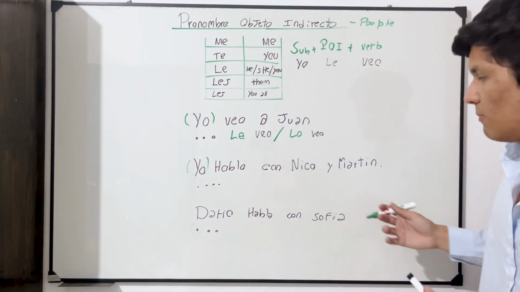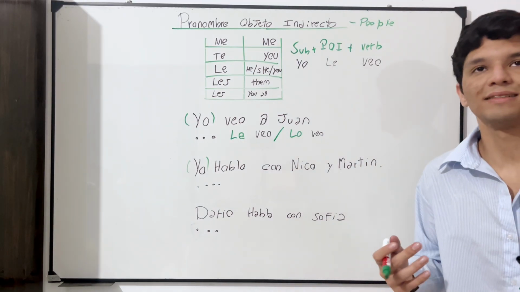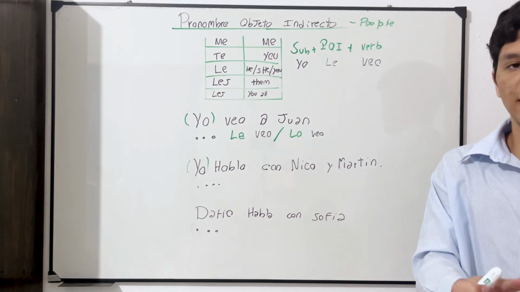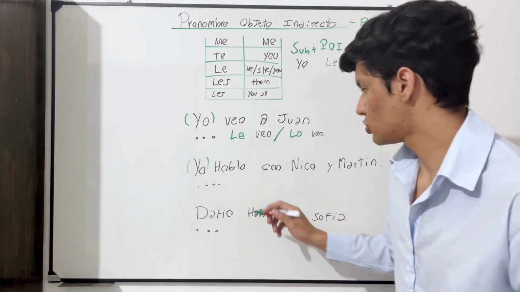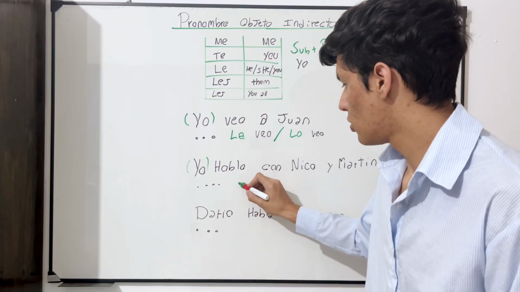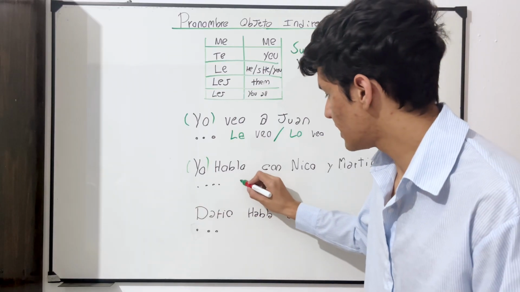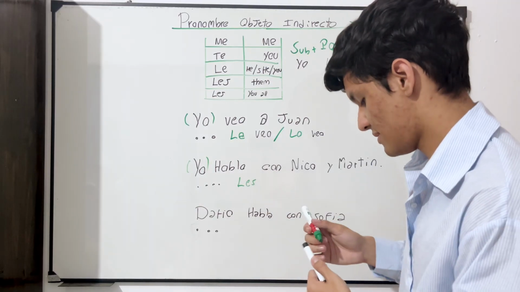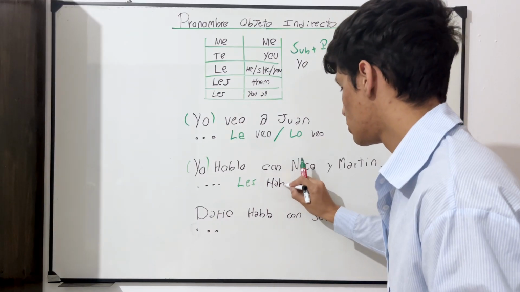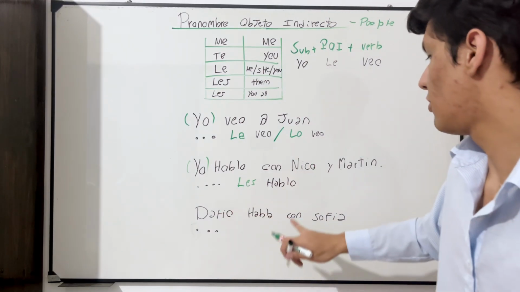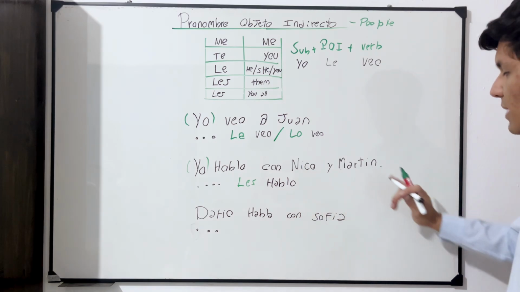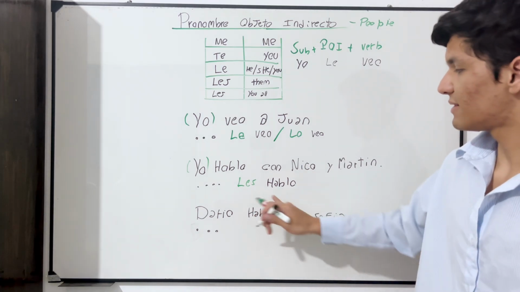In Spanish, you could say, we skip yo, and you can just say les hablo. Yo les hablo. Les is them, Nico y Martina. Les hablo.